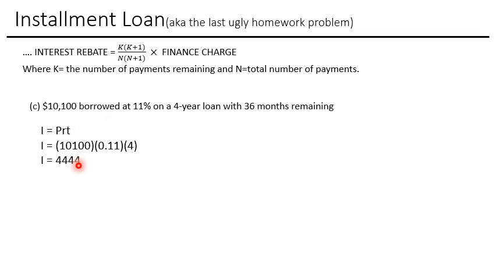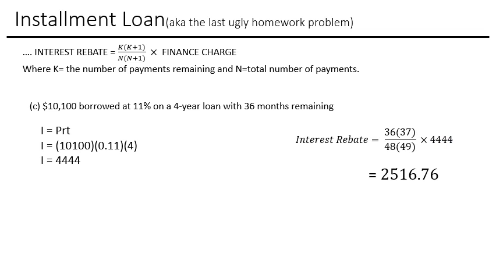So now we're ready to plug everything into this formula right here. So interest rebate is equal to 36, that's K, times K plus 1, which is 37, over N, which was 48, times 49, times the finance charge, which we just found.